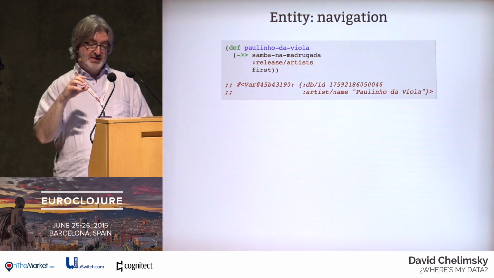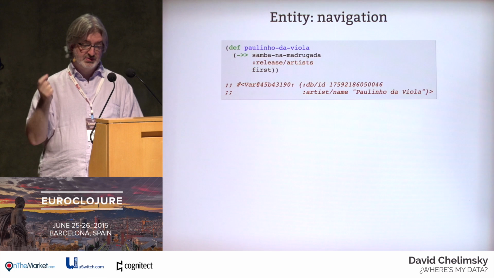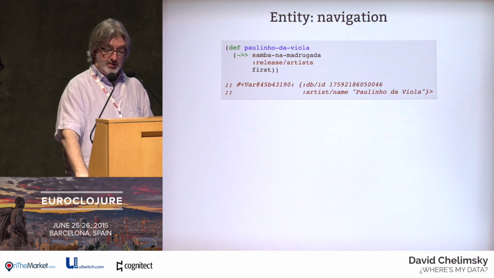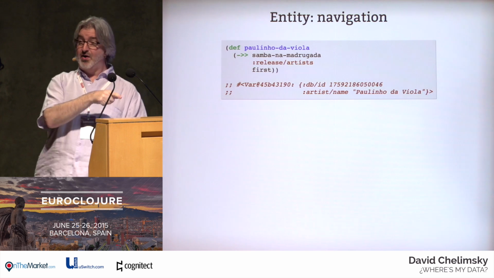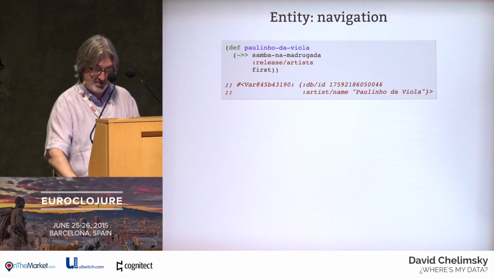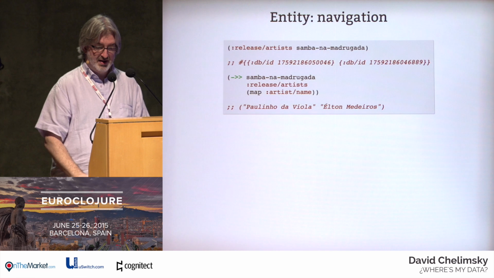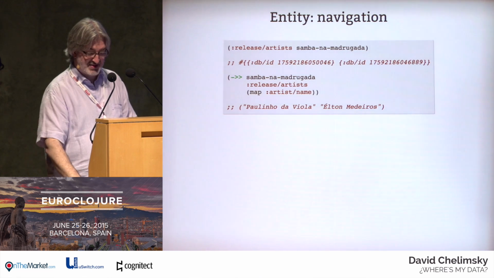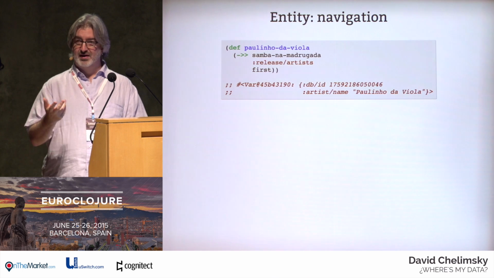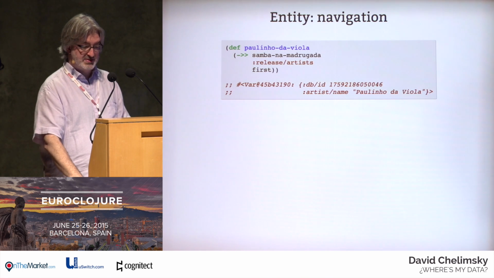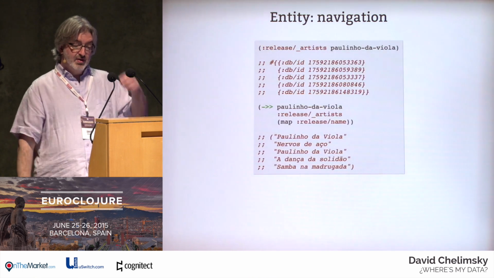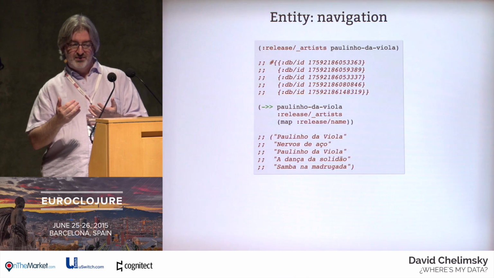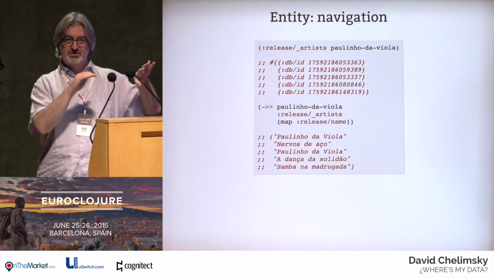So let's say that we def the first of those artists to a var, Paulinho da Viola. And so he's got a DB ID, and the artist name shows up because in the previous example, I asked for its artist name, and so it loaded up into that entity. And that's why we see it here when we do this def. Then we can navigate, and notice now the underscore in release underscore artists.